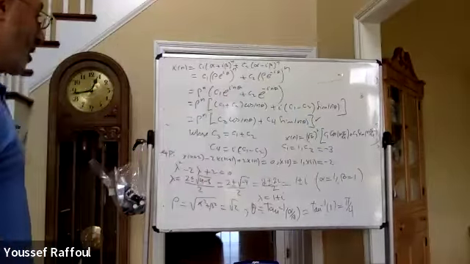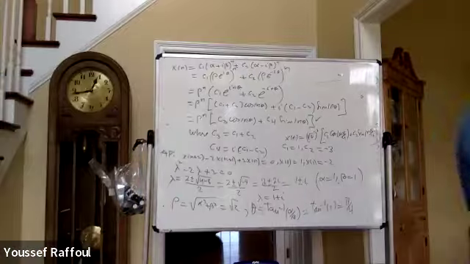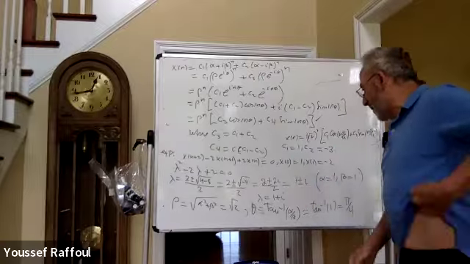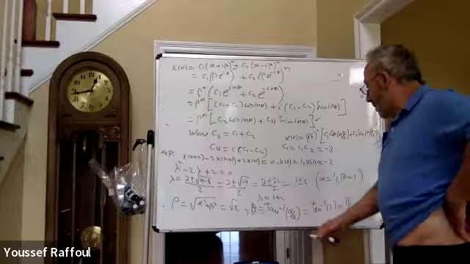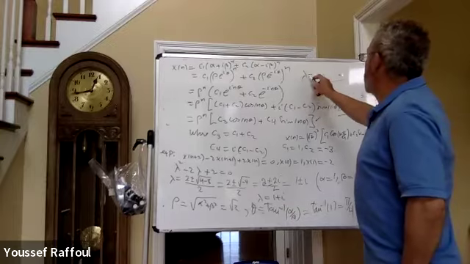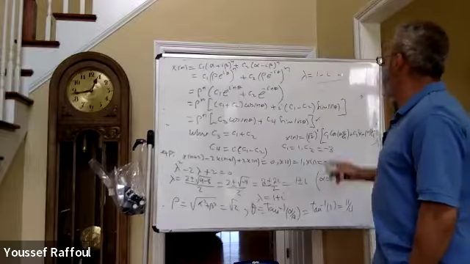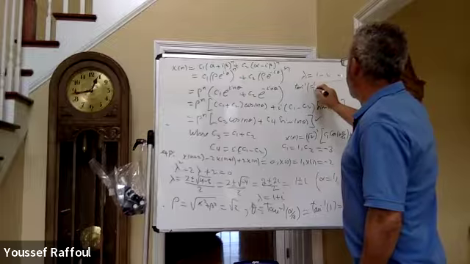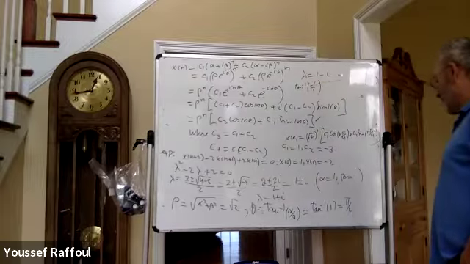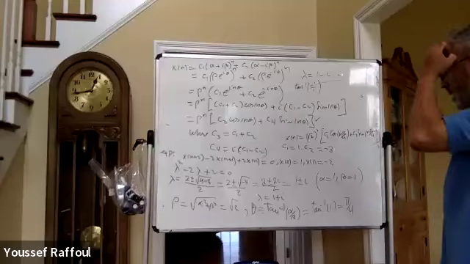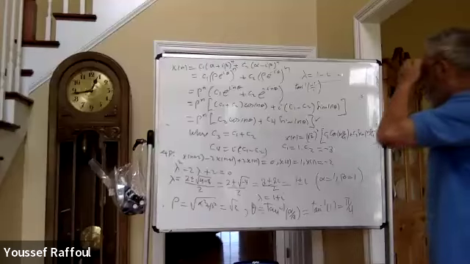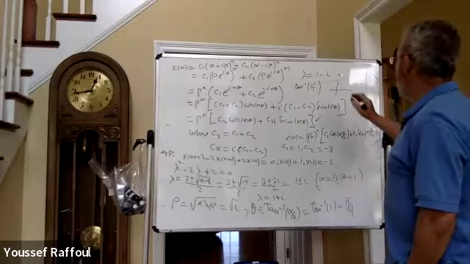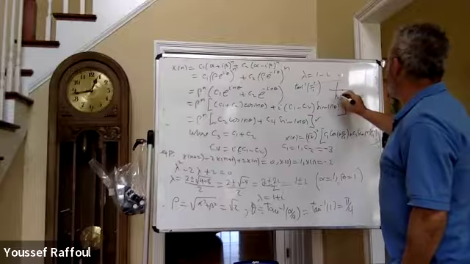All right? But you notice here, you say, Dr. Raful, but you only took lambda equal 1 plus i, and that affects the angle. If I take lambda equal 1 minus i, the tangent inverse will be minus 1 over 1. So what does that mean? So you have 1 here and minus 1 here.